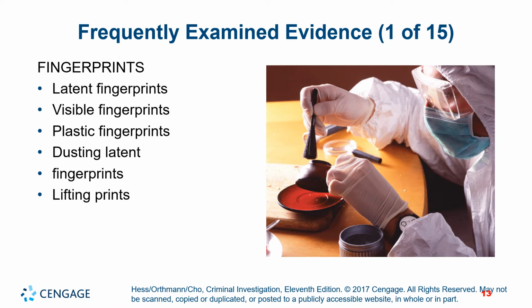The labs use what are called class and individual characteristics. Class characteristics are the features that place an item into a specific category. Individual characteristics are the features that distinguish one item from another of the same type.